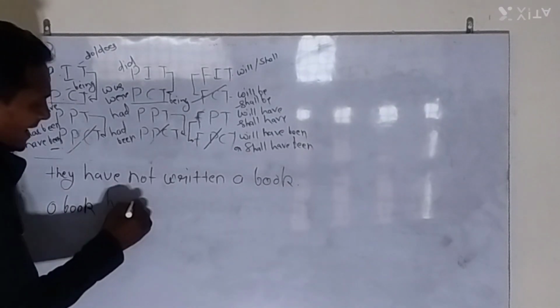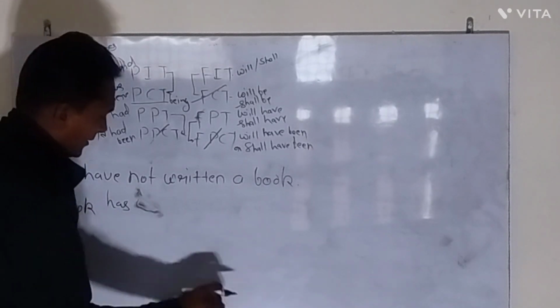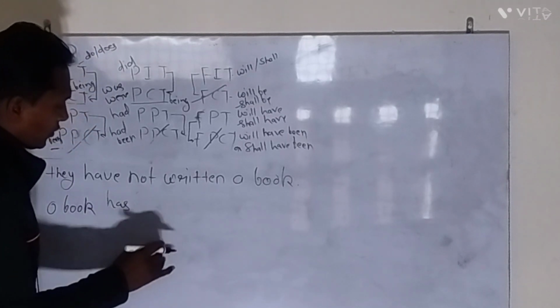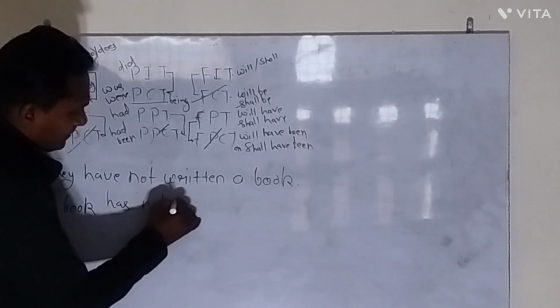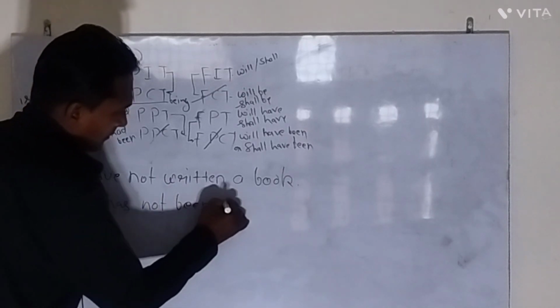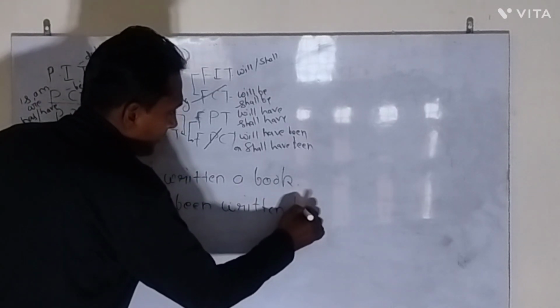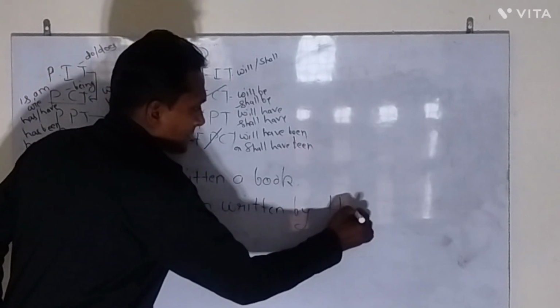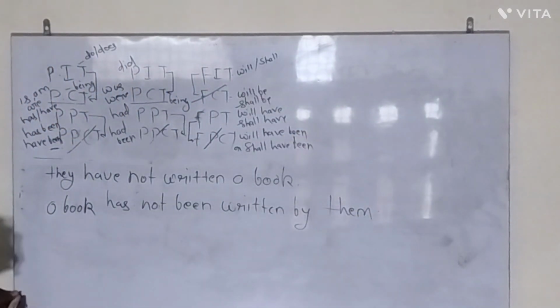A book has been, wait a bit, I am so sorry. Now there is a not also. So a book has not been written by them. Full stop. Clear? And we do not change for this one.